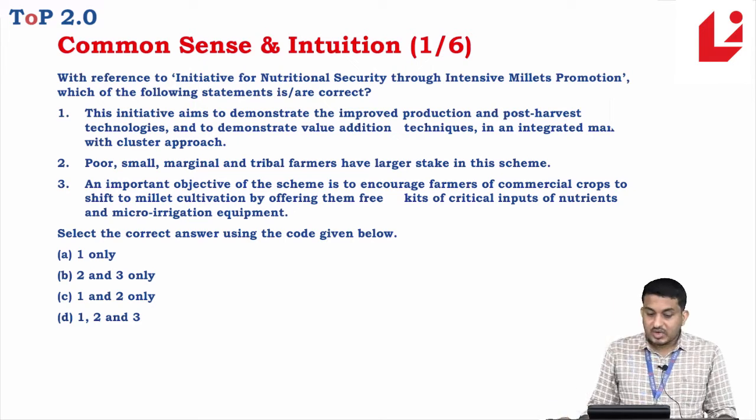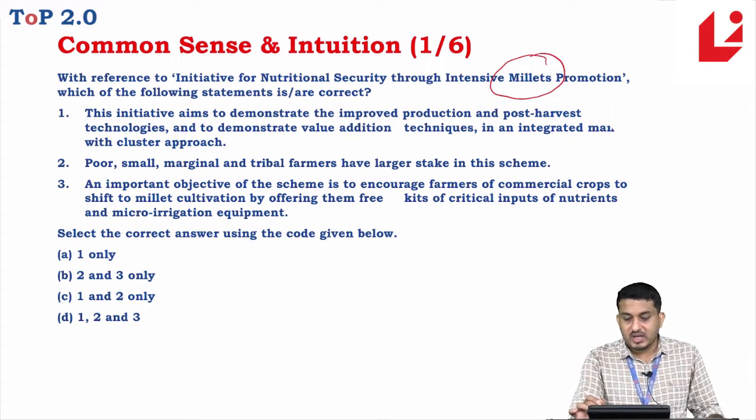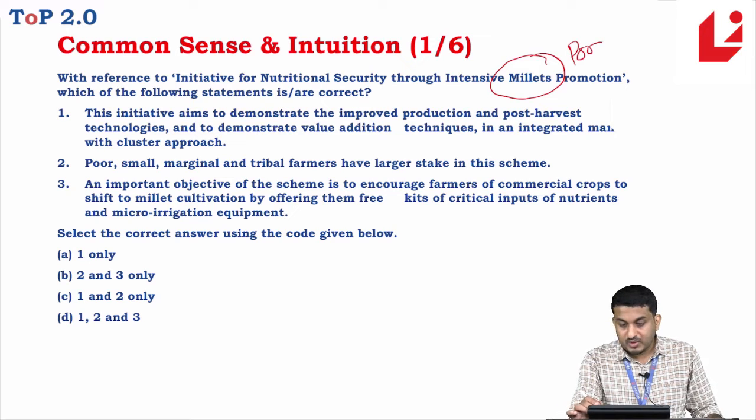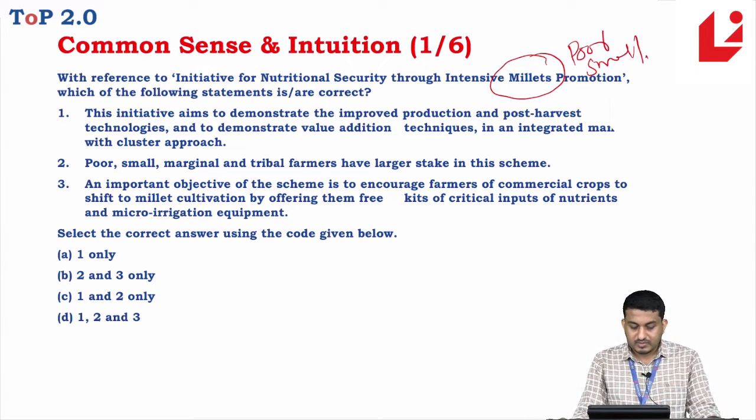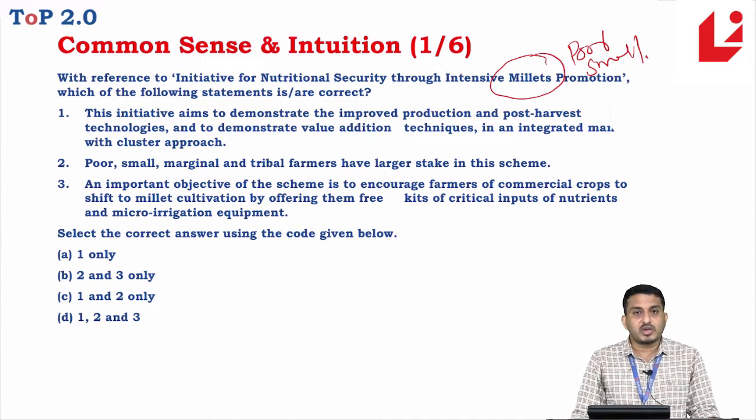Okay, so keeping that in mind, you read the first question. First question regarding initiative for nutritional security through intensive millet promotion. Millets, you know that millets are generally produced by poor farmers or small farmers. Now, I told you that questions related to schemes or the objectives of schemes and programs should be broader and the outcomes are always positive, right?